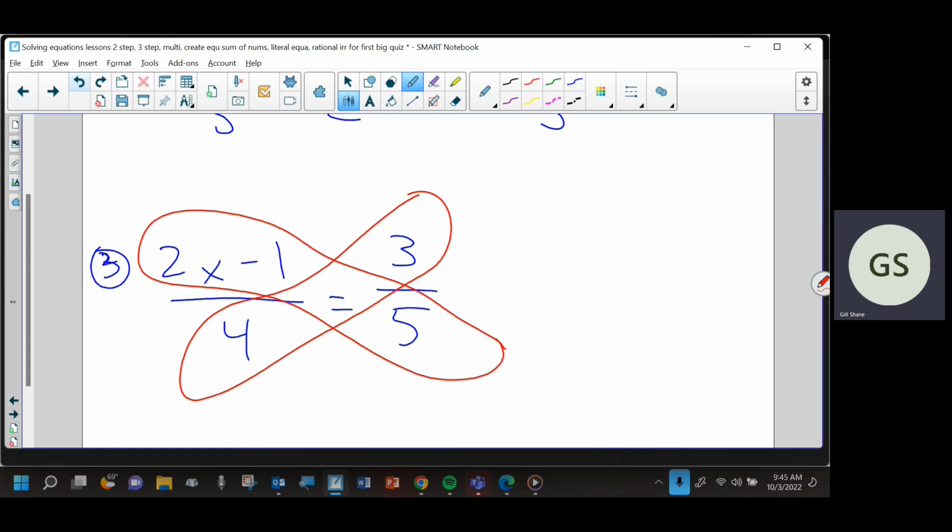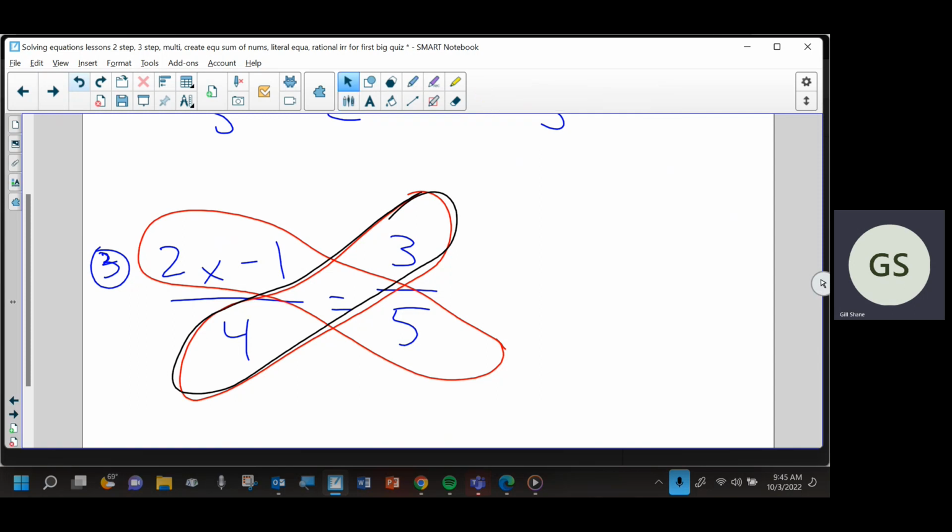So within each individual butterfly wing, actually let's color coordinate. So one will make red and black, one is just red. So within a butterfly wing, we're going to multiply those things together. So we're going to multiply that 4 times that 3, and that would give us 12.